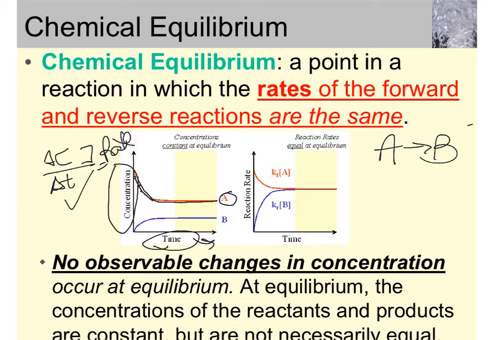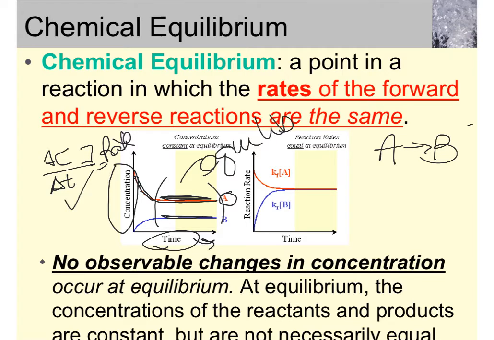At some point in a reversible reaction, the concentrations of reactants and products are going to stop changing. So do you see where the concentration of the reactant A levels off and the concentration of the product B levels off? This leveling off point means equilibrium has been achieved.